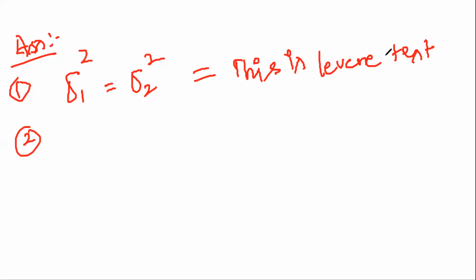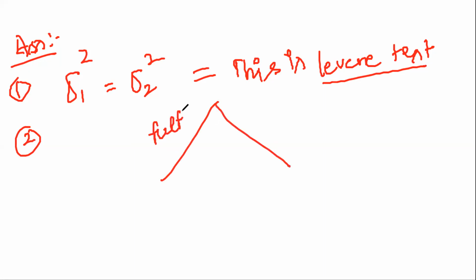Now what could be the condition in the case of Levene's test? If the assumption is fulfilled or not fulfilled, there will be only two chances, that either the condition will be fulfilled or not. This condition is only whether variance is equal or not.